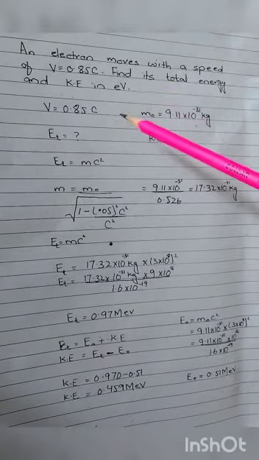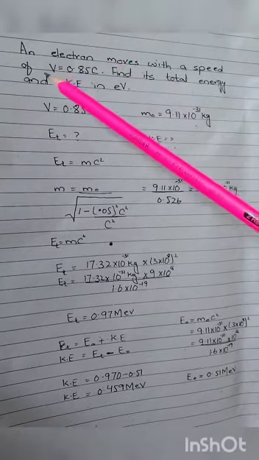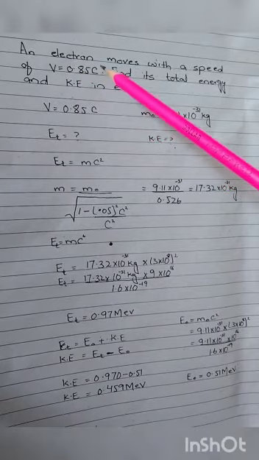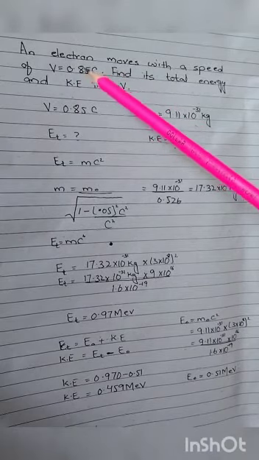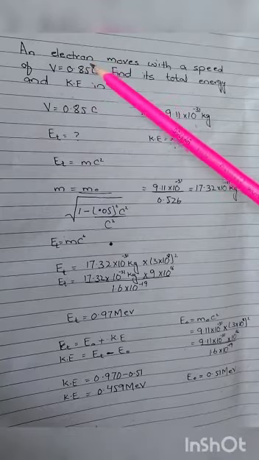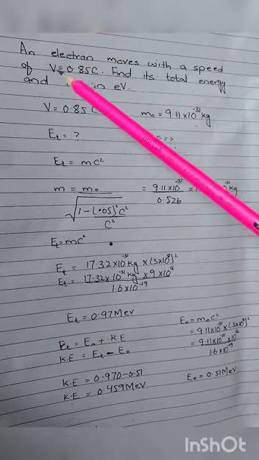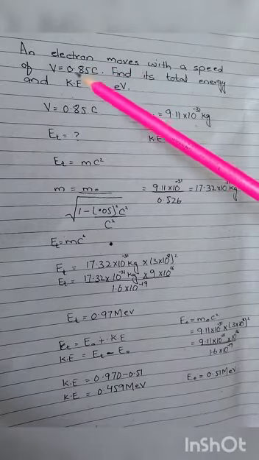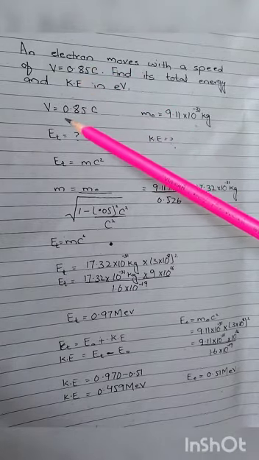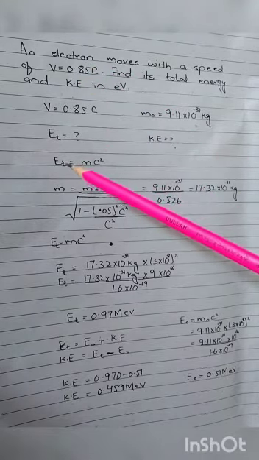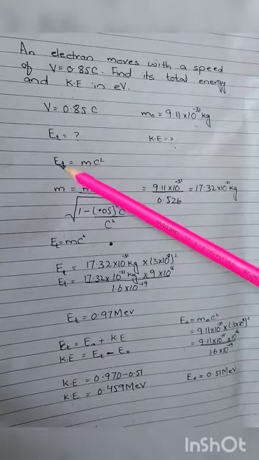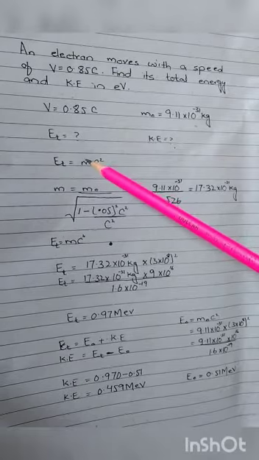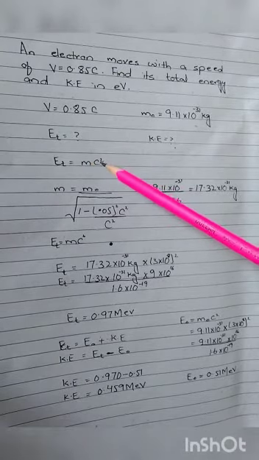Here the electron is in motion, moving with speed 0.8 times the speed of light, and you know that when any particle moves with speed comparable with the speed of light, then its mass dilates. So you find the energy associated with the electron by Einstein's mass energy relation, using its relativistic mass along with the speed of light.